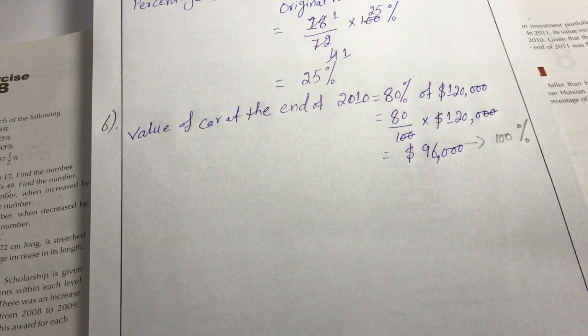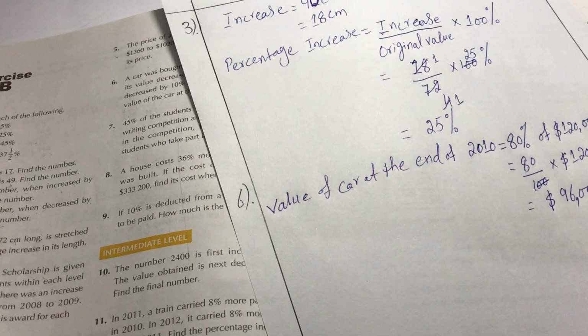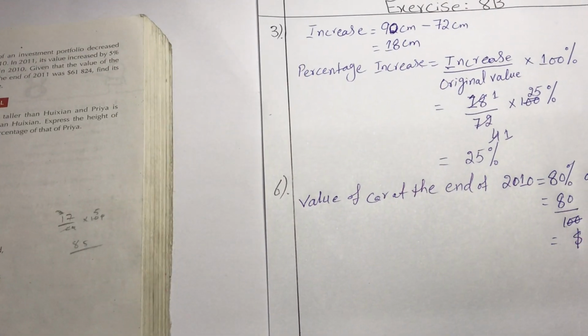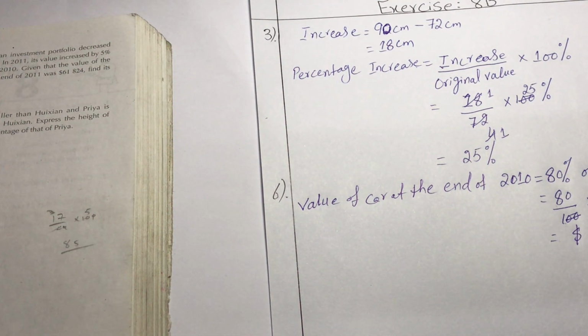Now the 2010's 100% cost is 96,000, and if it is decreased 10% from 100%, it would be 90%, right?